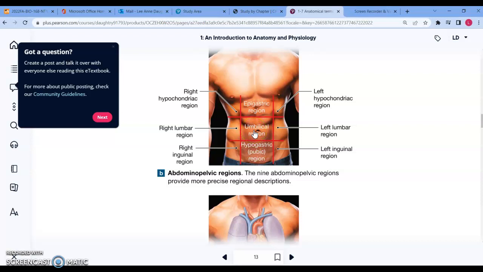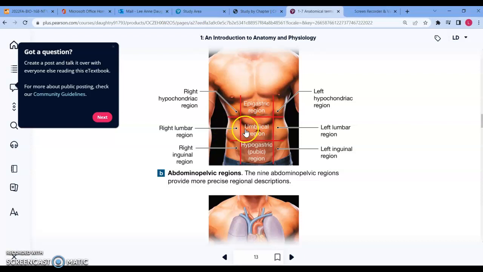All right, let's move over to the right side of the body. I know it's the left side of the screen, but it's the right side of the body. So directly to the right side of the umbilical region is the right lumbar region.